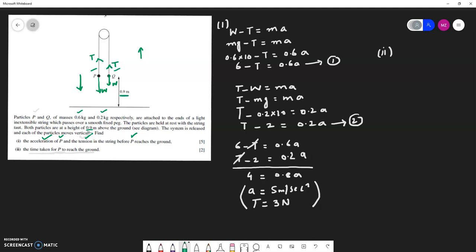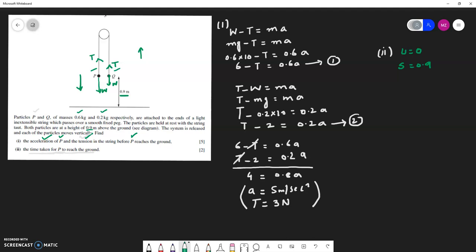As given in the question, initially both are at rest. So P is at rest, therefore its initial velocity u is 0. And s is the distance covered by the particle P, so this is 0.9. After this it will hit the ground.